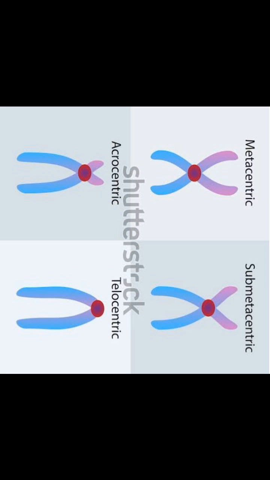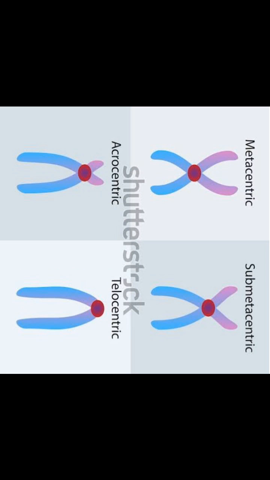The metacentric chromosome has a middle centromere forming two equal arms of the chromosome, upper arms and lower arms. So exactly at the center of the chromosome the centromere is present, dividing the chromosome into two equal halves. So upper arms and lower arms are equal in size in this metacentric chromosome.